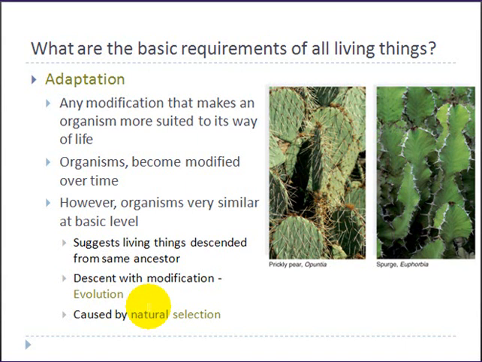Now, what's interesting is that if the environment changes very gradually, the organisms in that environment through multiple generations can also change to be best adapted or best suited to that environment. Again, this is the topic of natural selection and evolution, which we'll get to in just a couple weeks.